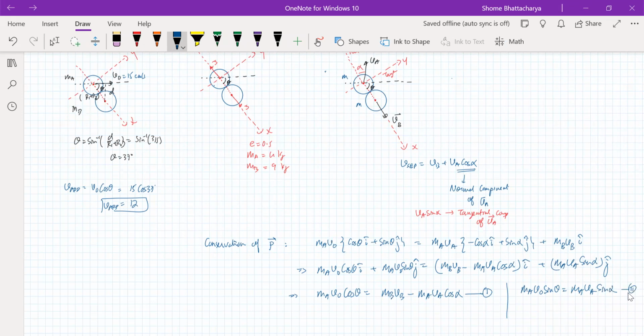That's our second equation. So what this is giving us is that VA sin alpha is equal to V naught sin theta, which in this case will become how much? It will become 9. Yes. Okay, so there is another logic to this equation. This can also be understood from the fact that tangential component of A's momentum is conserved.